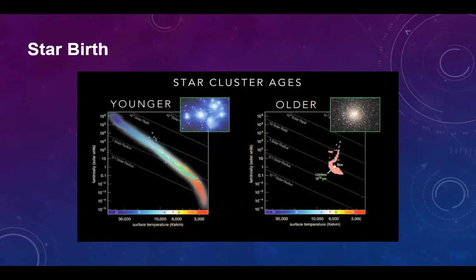Recall that we can determine the age of a star cluster from its main sequence turnoff point on an HR diagram. For example, the main sequence turnoff point for the Pleiades is quite high, indicating that most of its main sequence stars are still living, and therefore that it must be relatively young. In contrast, the low turnoff point for this globular cluster tells us that only its very long-lived main sequence stars still survive, which means it must be quite old.